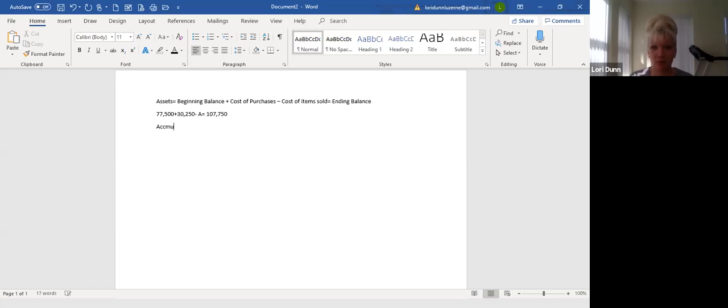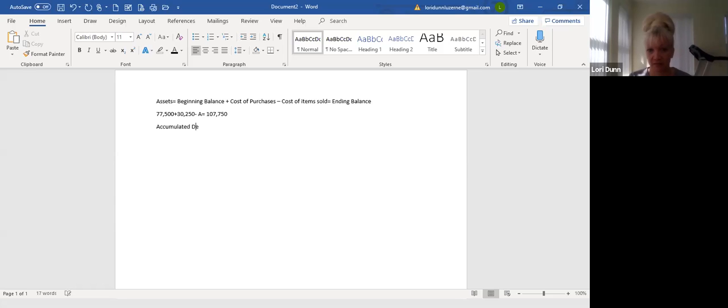Okay. Important, we look at how accumulated depreciation changes as well. So you'll do the same thing, beginning balance plus current year depreciation expense, right?